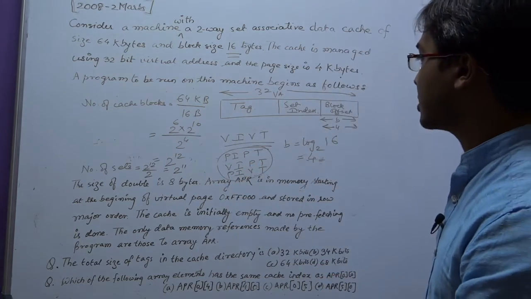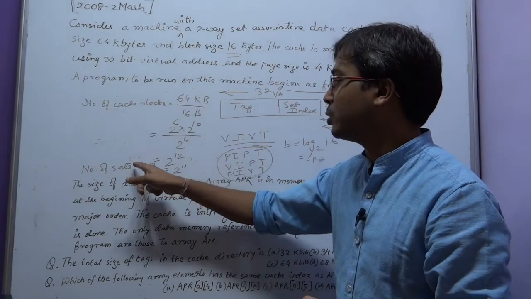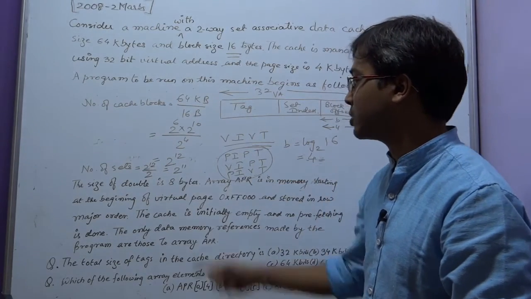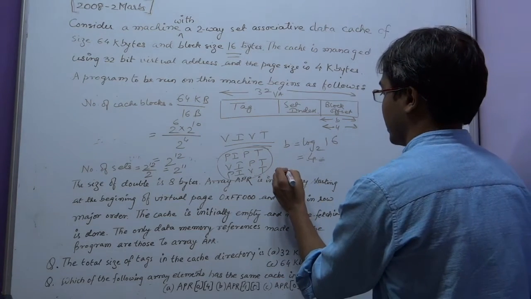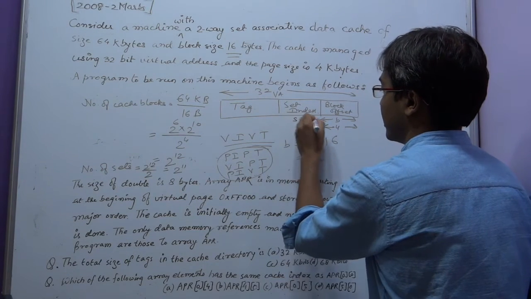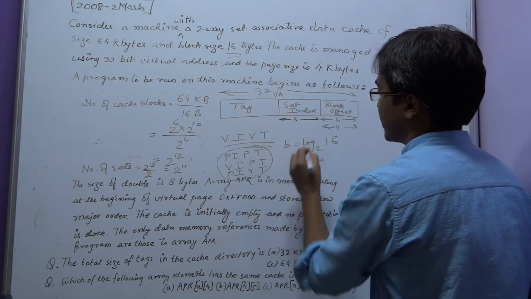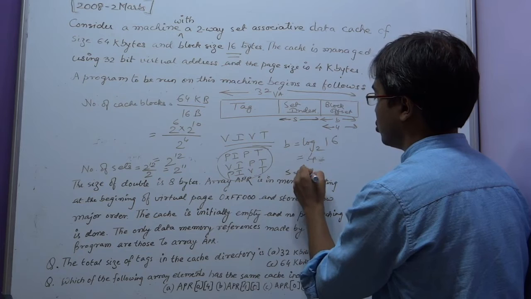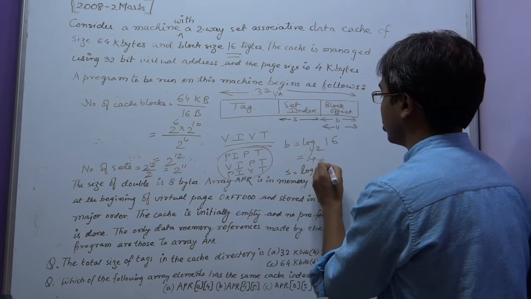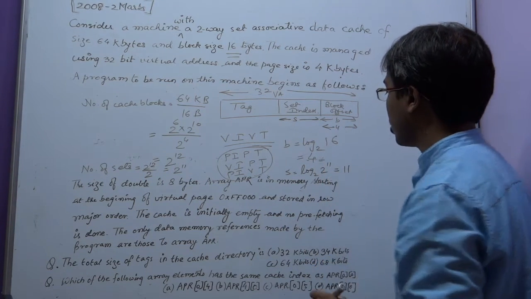Now number of bits required to index into one of these 2 to the power 11 sets is given by, so let us represent by small s the number of bits in set index. So s would be equal to log base 2 of number of sets, that is 2 to the power 11.